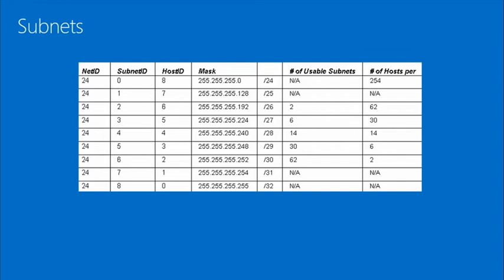We've talked a lot about the default subnets in the prior slides, 255.255.255.0, that first one. In this slide, you see how the mask changes. It doesn't end in 0. We've looked at 255.0.0.0, 255.255.0.0. These don't end in 0.